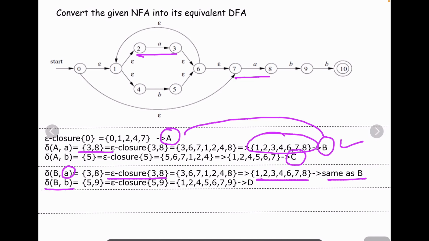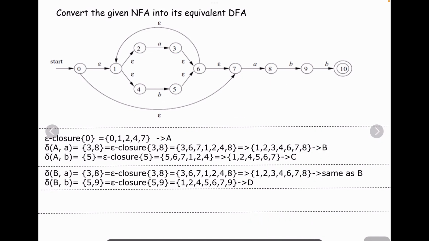Then delta of B comma b. Where do you get the transition on b? One is from 4 to 5, that is 5. Another is 8, which exists in B; 8 on b goes to 9. So that is the reason for 5 comma 9.